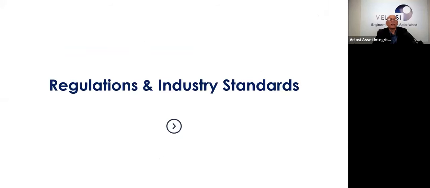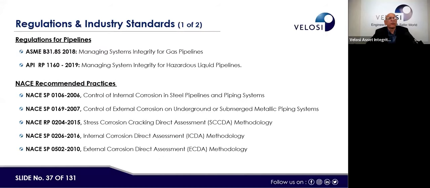Now, this pipeline integrity management system, how is it managed, and which codes and standards govern it? There is a big list of codes and standards which help us maintain the integrity of the pipeline. The important ones covering the integrity parameters of pipelines are ASME B31.8S and API RP 1160.